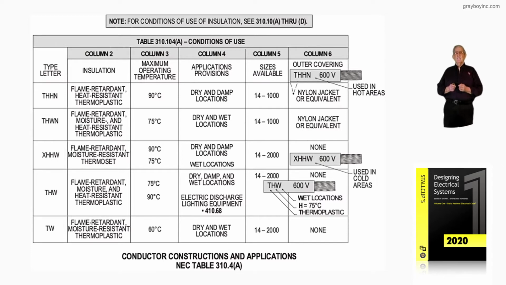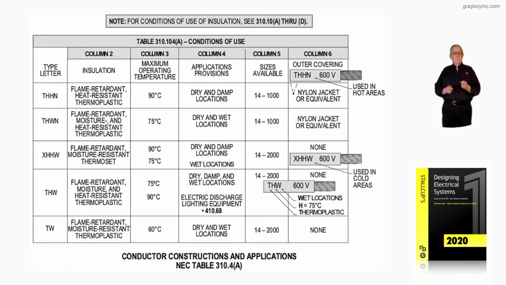It comes in sizes 14 through 1,000 kcmil, and it has a nylon jacket or equivalent. And notice this cable is mostly used and functions well in areas where it's very hot, with high temperatures.